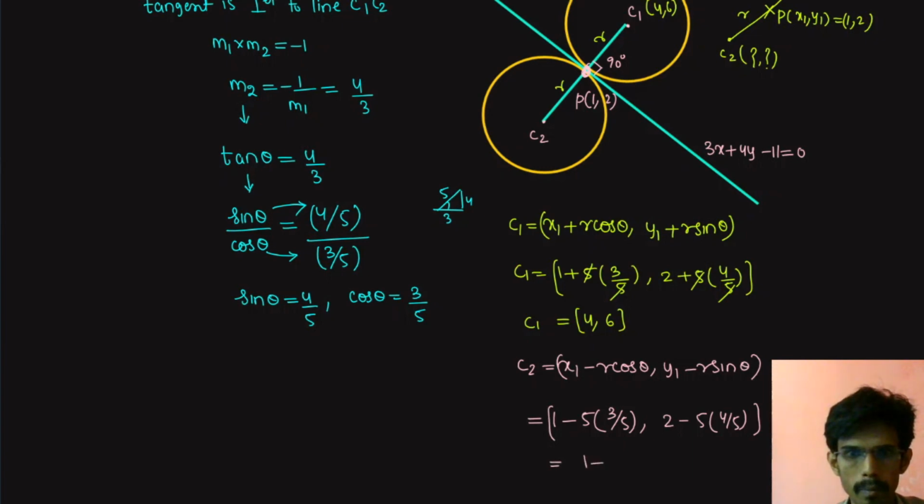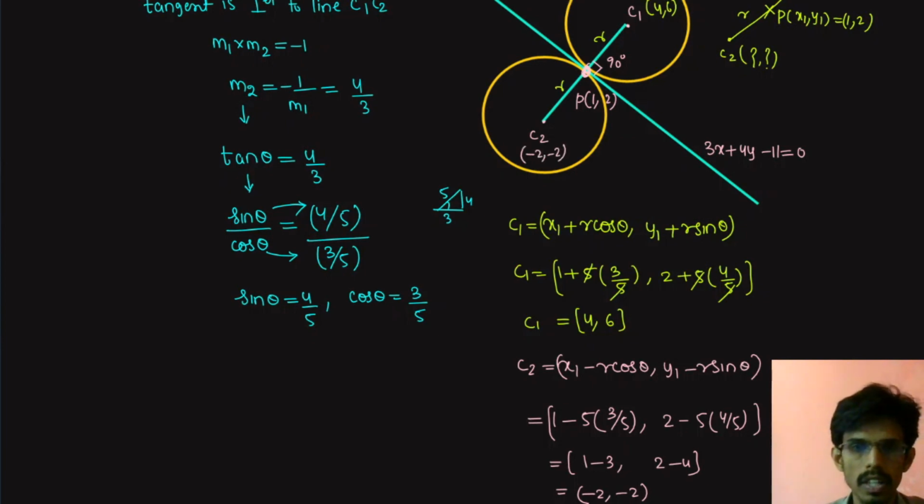So this will become 1 minus 3, 2 minus 4, correct? So the center will be minus 2 comma minus 2. The centers are 4 6 and minus 2 minus 2.